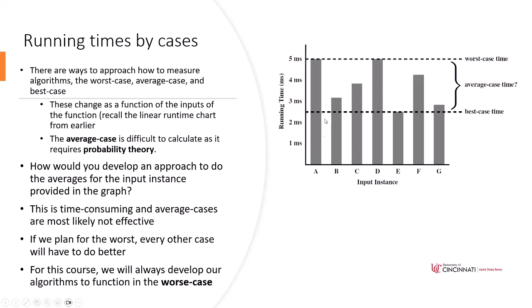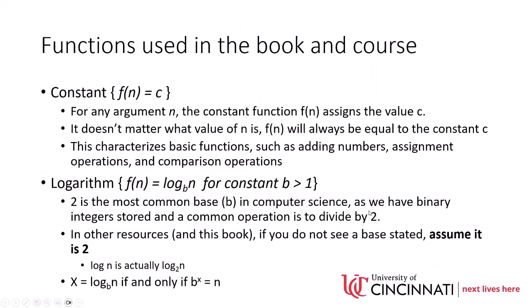So if we always plan for A and D to have an input of A and D only at the max, and we make our algorithm very effective for those two inputs, then whatever happens between the average and the best case is not necessarily of our concern because we already know the worst case is good. Okay. Cool.